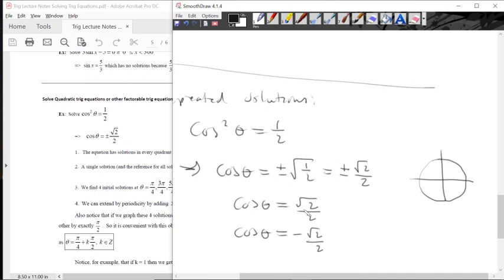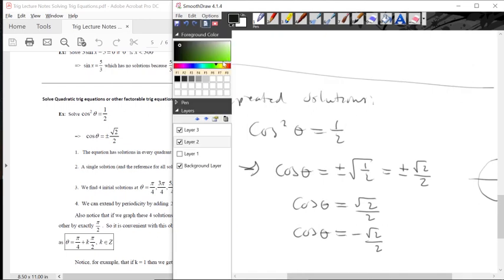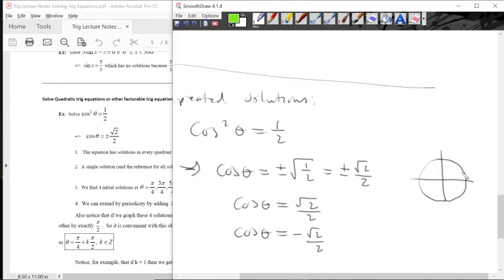We would have solutions to that. Remember, the cosine is the x-coordinate, okay? So the cosine is positive here in quadrant 1 and quadrant 4. So this has solutions in quadrant 1 and quadrant 4.